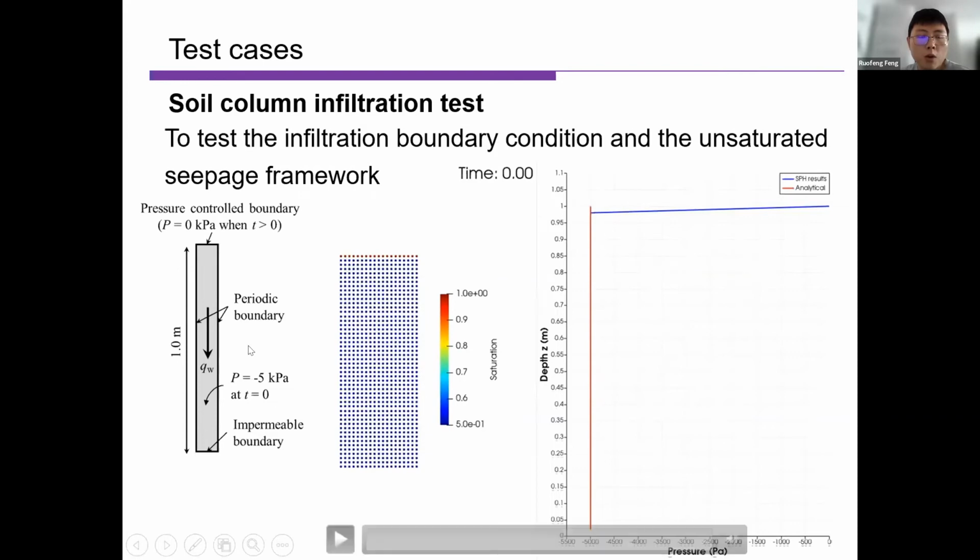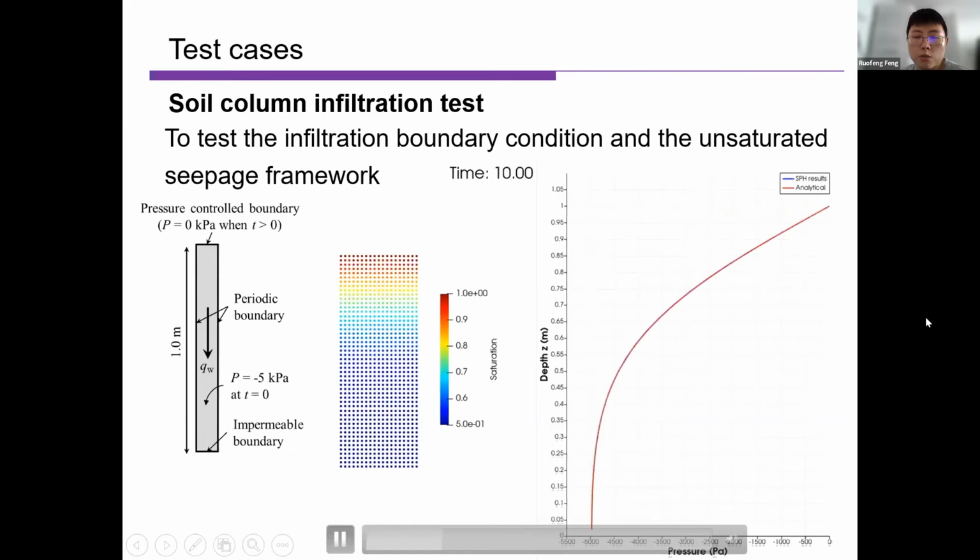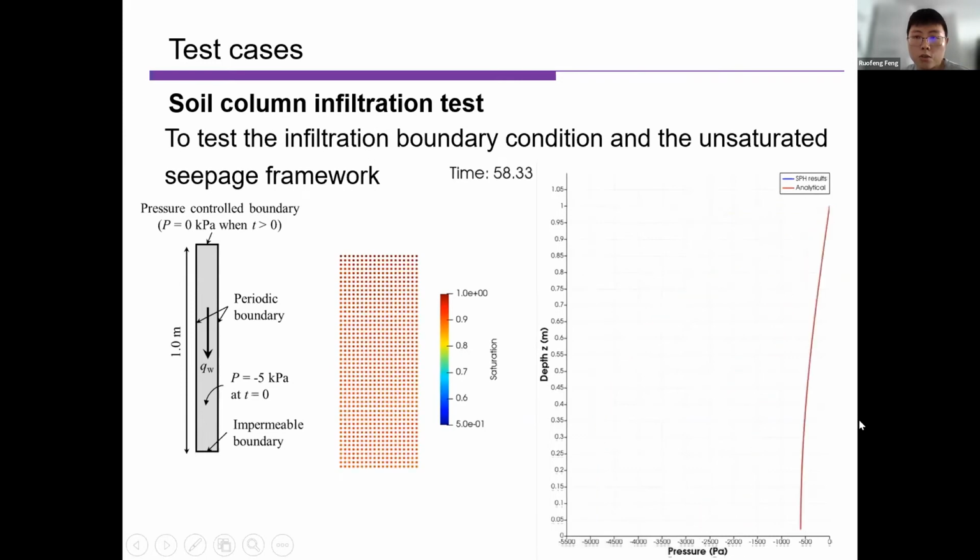And to enable one-dimensional water flow, we have a periodic boundary condition at the sides. At the right-hand side, the blue line stands for SPH results, and the red line denotes the analytical solution. If we run the simulation, we can see we get quite close to the analytical solution.